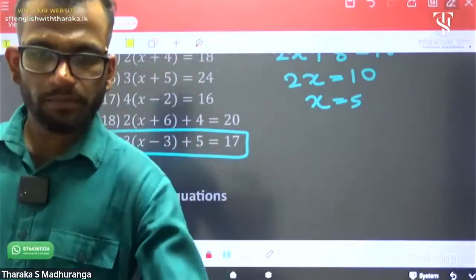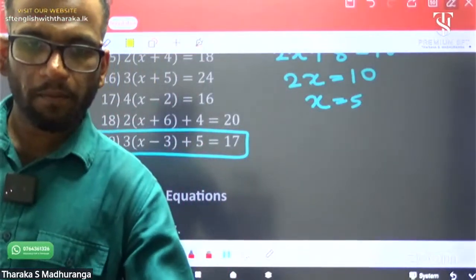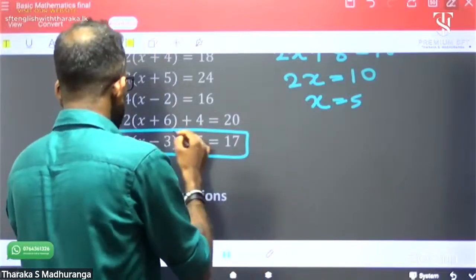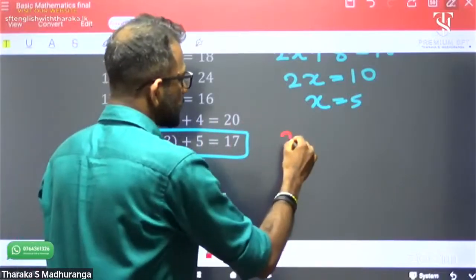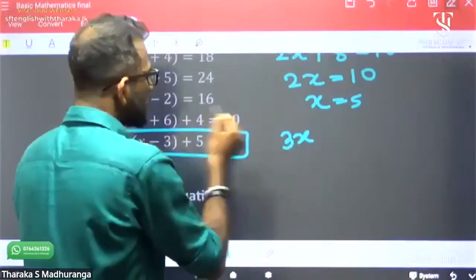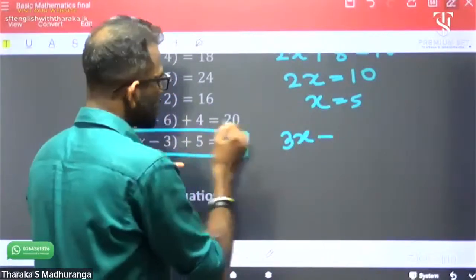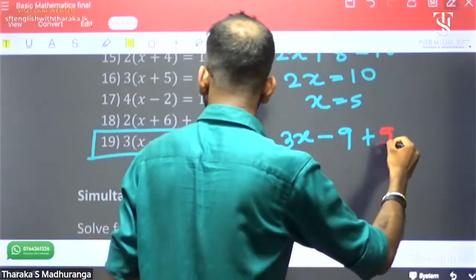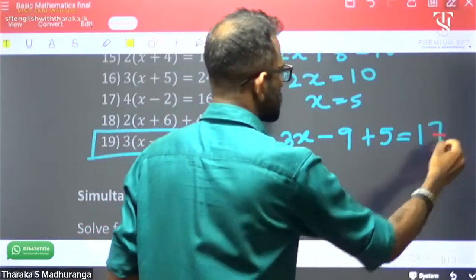Very good. Let's see. First you can multiply the brackets. 3 into x is 3x. Plus minus is minus. 3 into 3 is 9. Plus 5 equals 70.